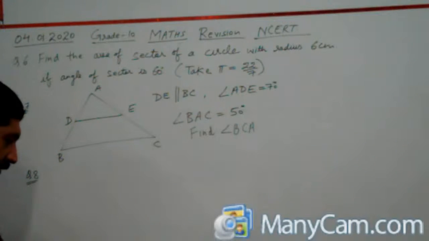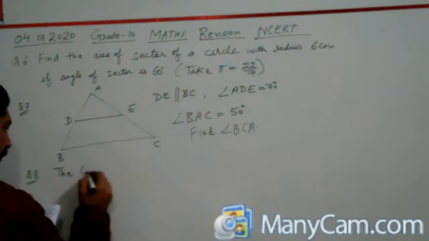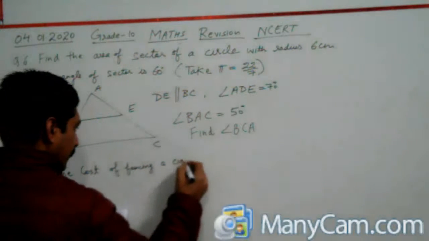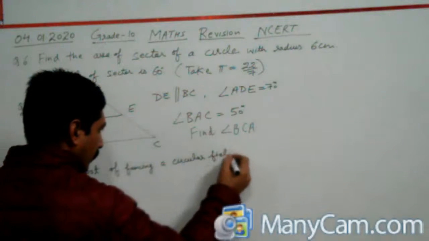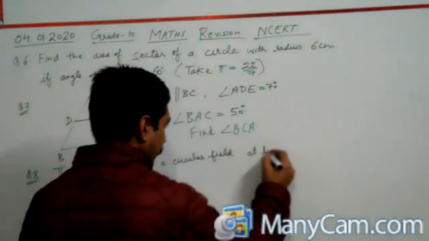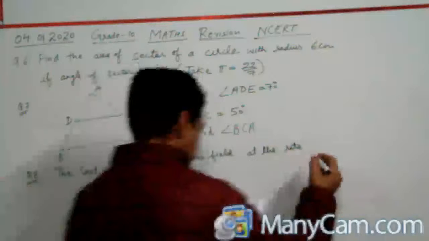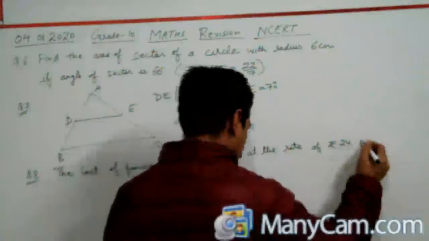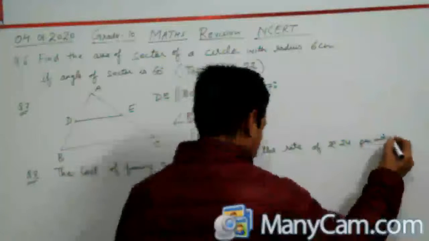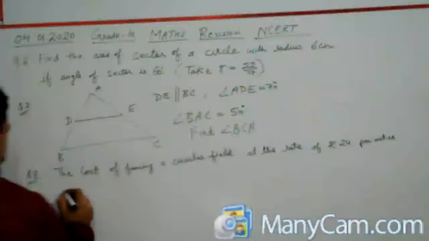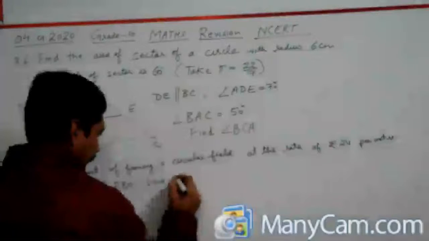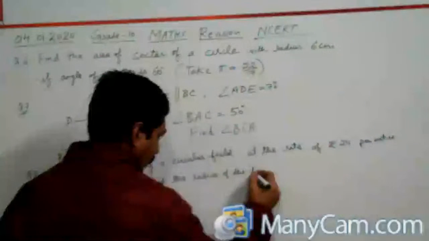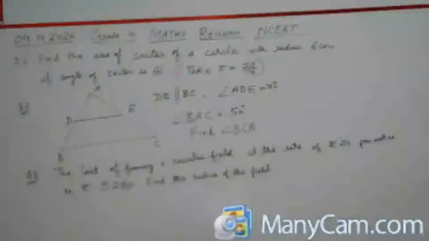The cost of fencing a circular field at the rate of Rs 24 per meter is ... Find the radius of the field.